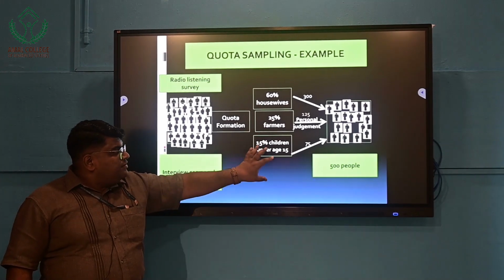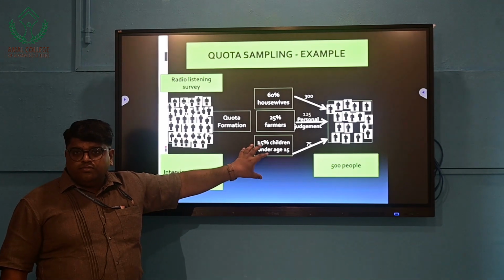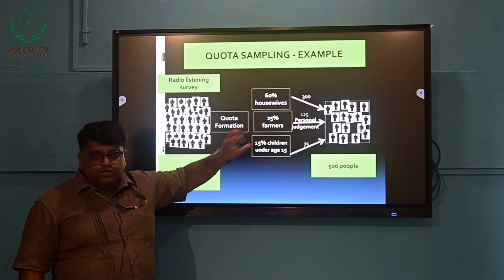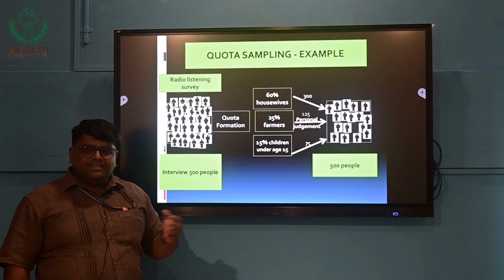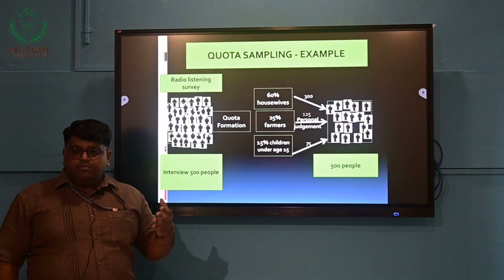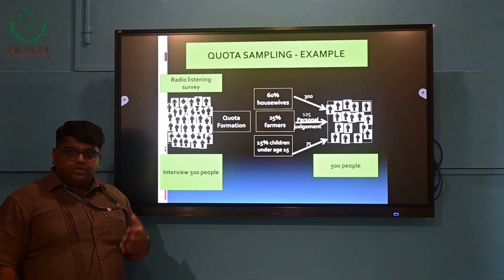Then remaining 15% to children below 15 years. Then 25% to farmers. Normally in the rural area you can see that farmers listen a lot to radio, because that is the most available sort of entertainment in rural area, especially northern India.